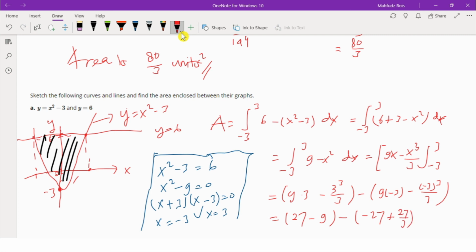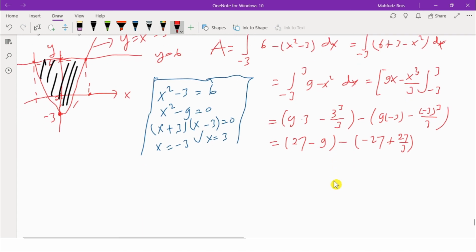How many? 27 over 3 is 9, yeah. Okay, so that one is 18, right? It's 18 minus that one, which is negative 18.